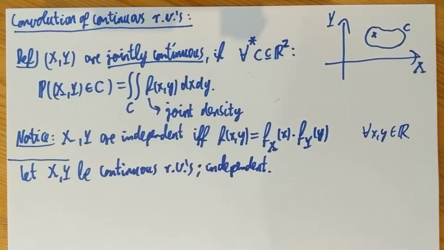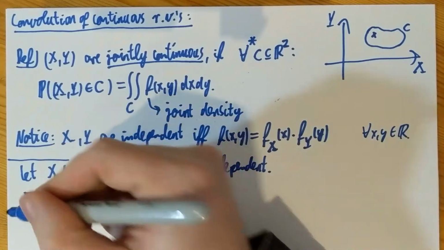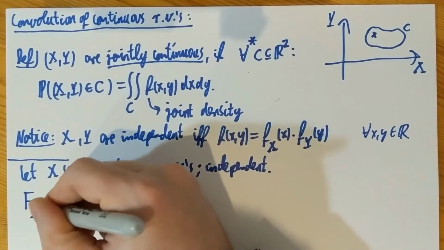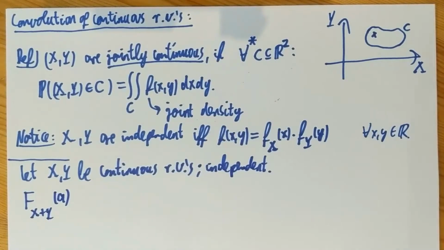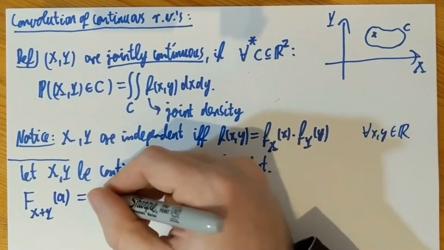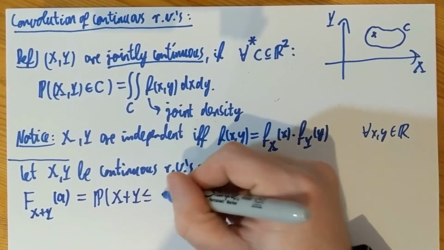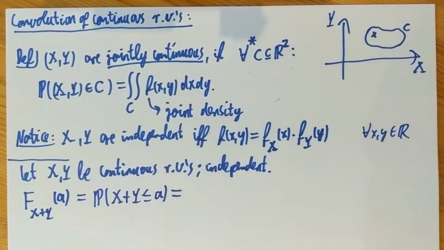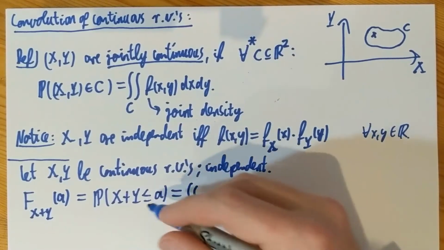Okay, then what I want to find out is what is the distribution function first of X plus Y at some point a. Okay, so let's start observing this. What is the probability that X plus Y is less than or equal to a? Now, according to what we defined before, it's going to be a double integration on exactly this set.